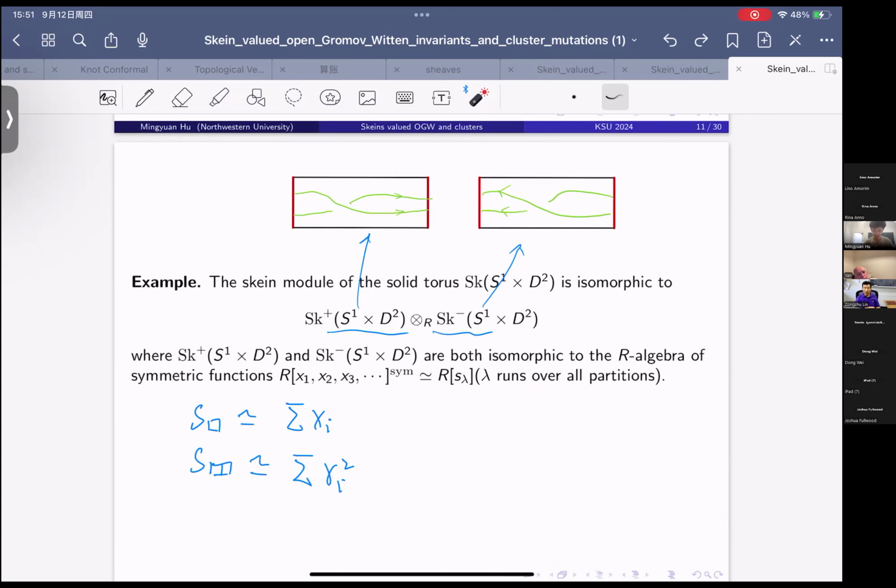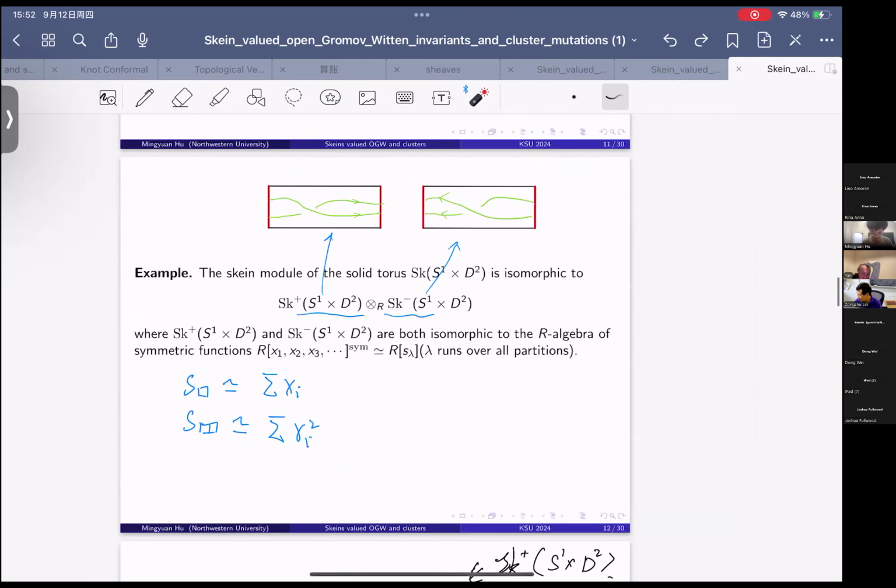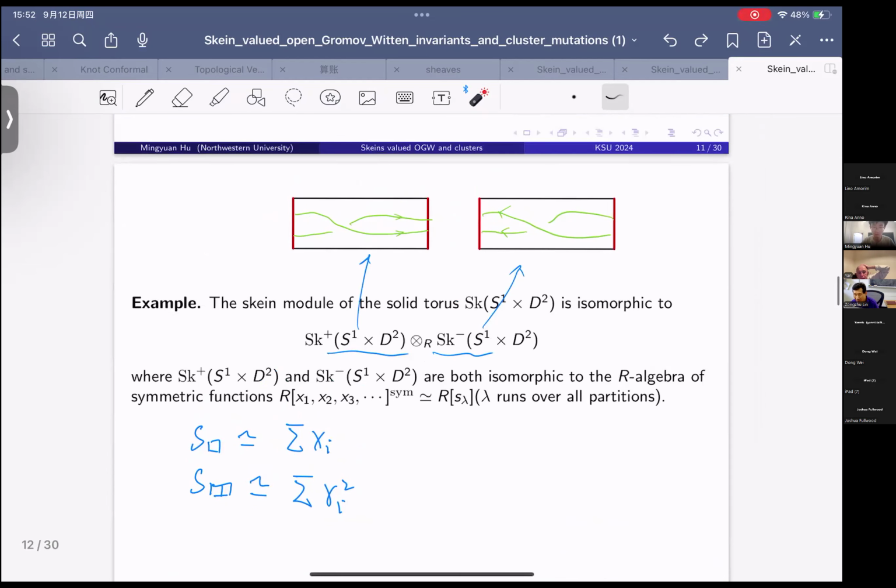For other surfaces, maybe there are some partial results. Some variation of the skein module is the factorization homology. Something like that, but sorry, I don't know the details of that story. Okay, that's good. Thank you very much.